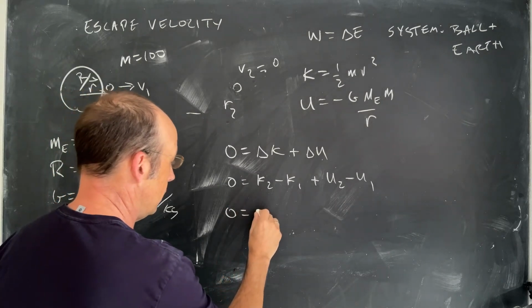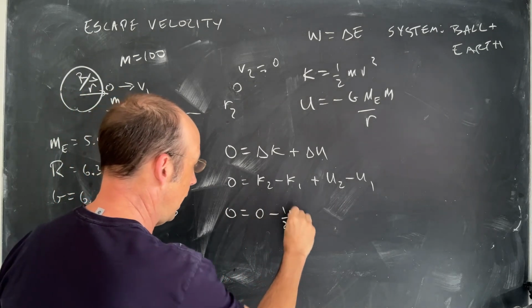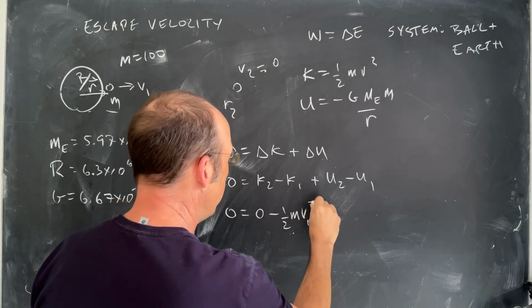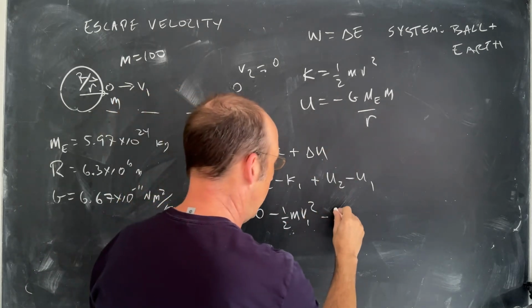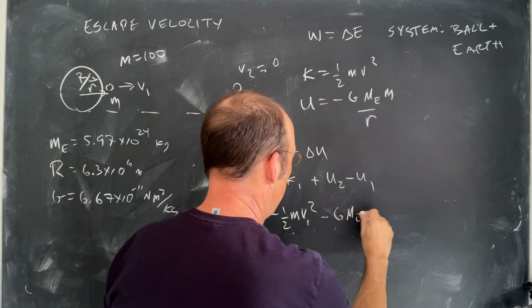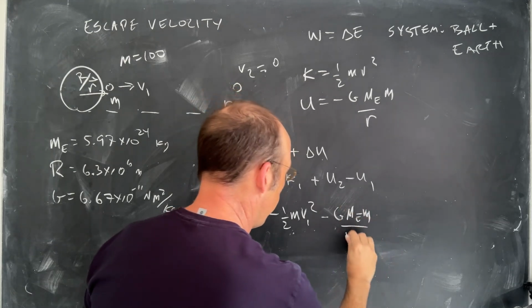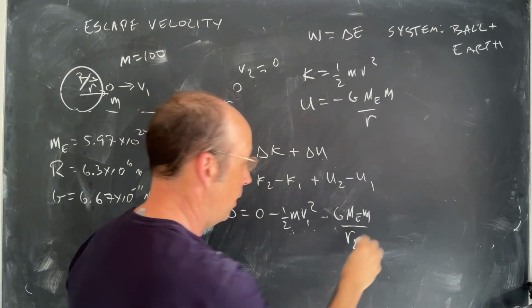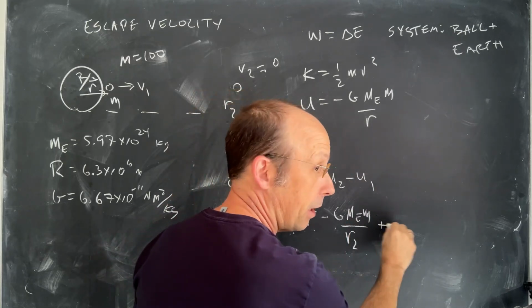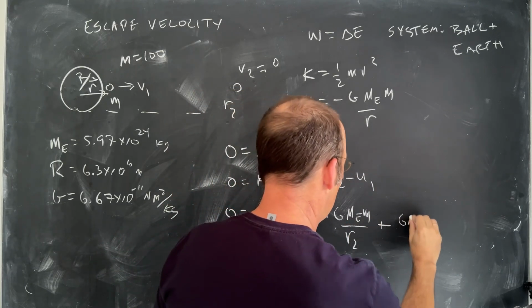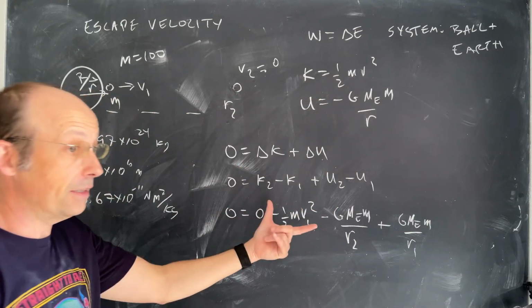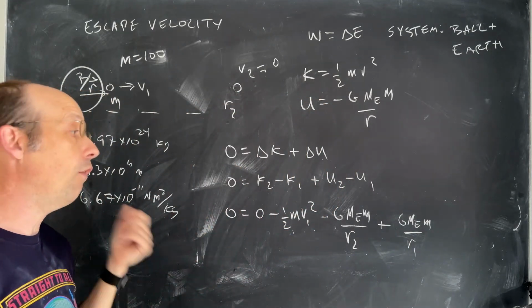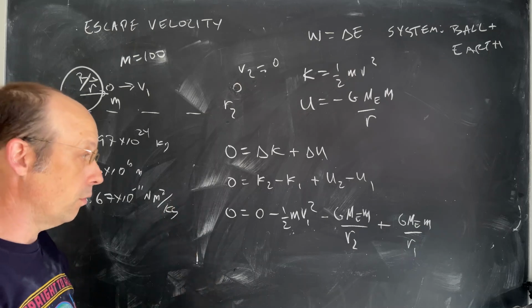0 is equal to 0 minus 1/2 m v1 squared plus negative G, so it's negative G mass of the Earth m over r2, which I'm trying to find, minus a negative, which is going to be plus G mass of the Earth m over r1. And this is an equation that I want to solve for r2.